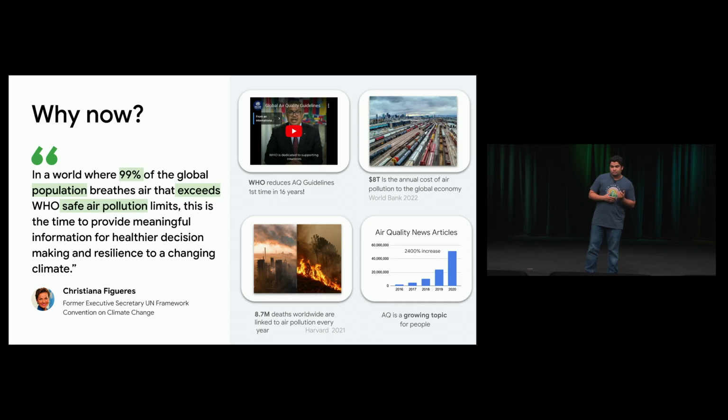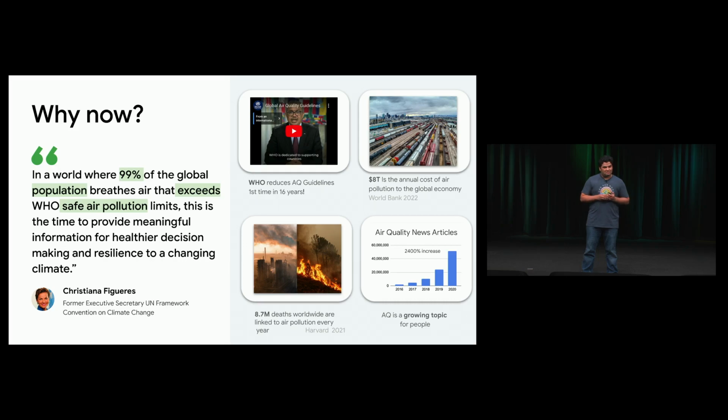According to WHO, 99% of the population is breathing air that is above the limits. That's not a typo. It's actually true that the WHO says 99% of us are breathing air that is above the safety standards.